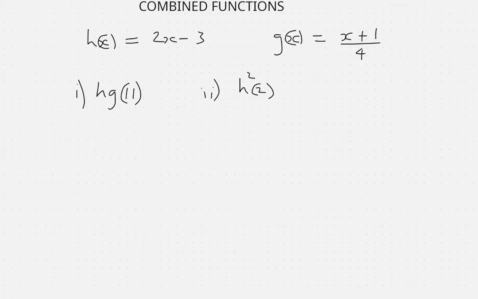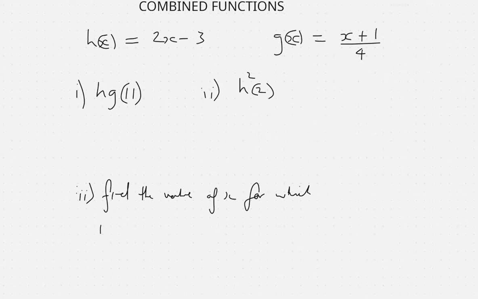It says find the value of x for which a, h of x is equal to a half. And b, you have to work out what x is when g of x equals -4.